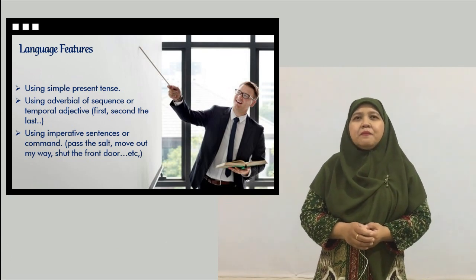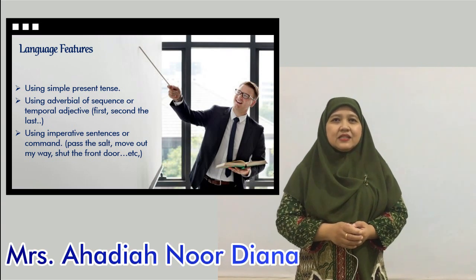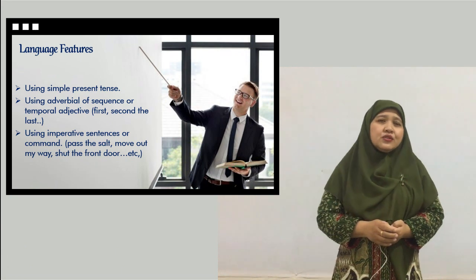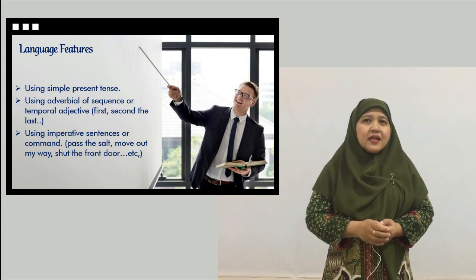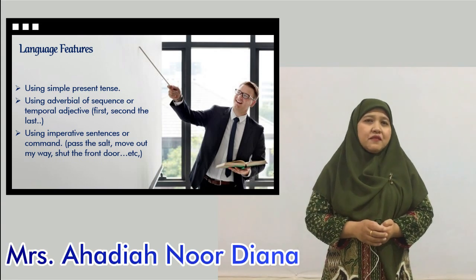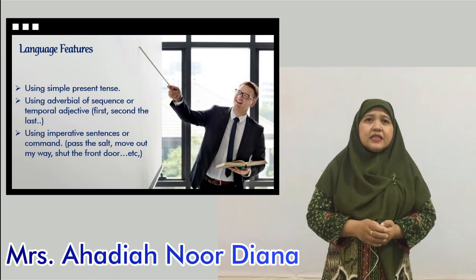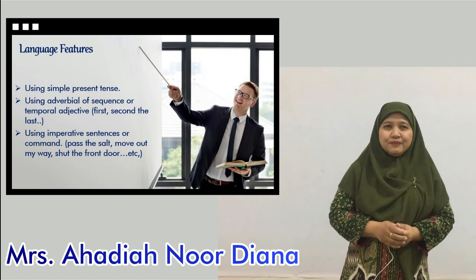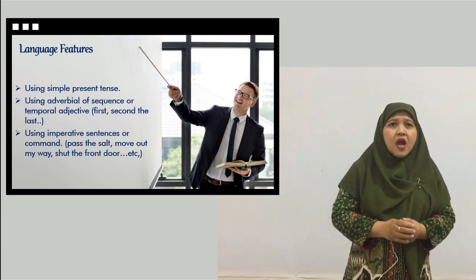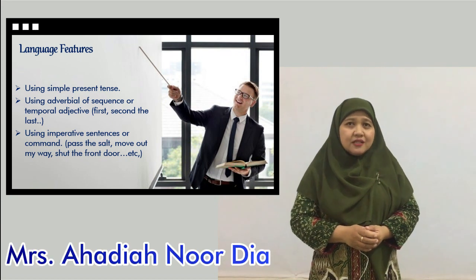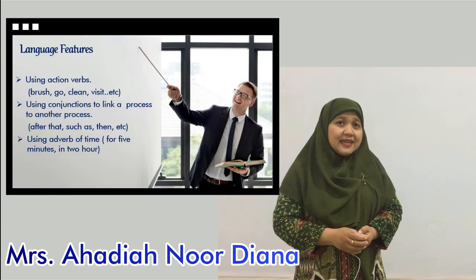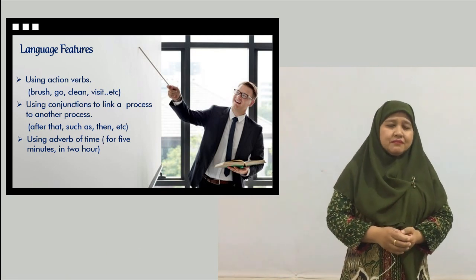And then using imperative sentences or commands. Imperative sentences are used to issue a command or instruction, make a request, or offer advice. Basically, they tell people what to do. For example, pass the salt, move out of my way, shut the front door, and so on. And then we use action verbs.